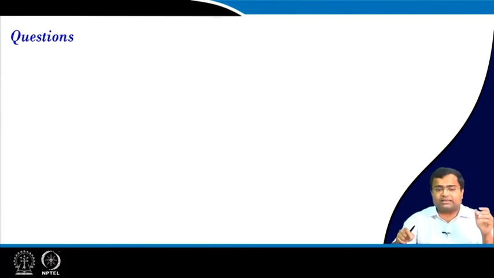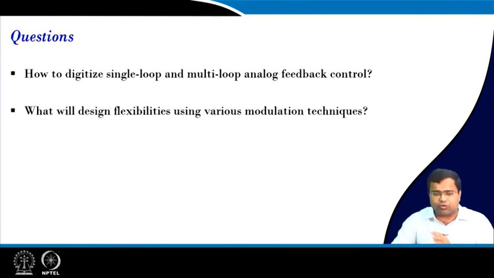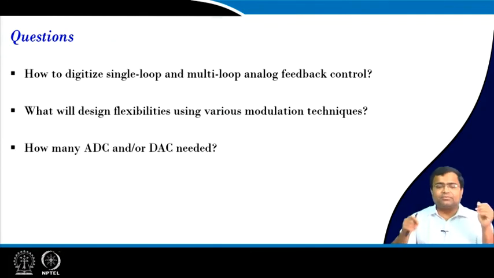So we have discussed that. Now the question is, when you go to digital control, how to digitize this single loop and multi loop control that we have recapitulated in our analog control in this lecture. These are the questions that we will be addressing throughout the course. Then what is the design flexibility using these various modulation techniques? How many ADCs and DACs will be needed to realize digital control?